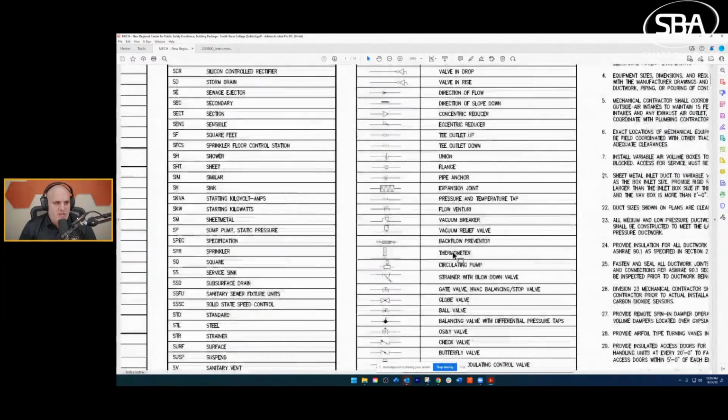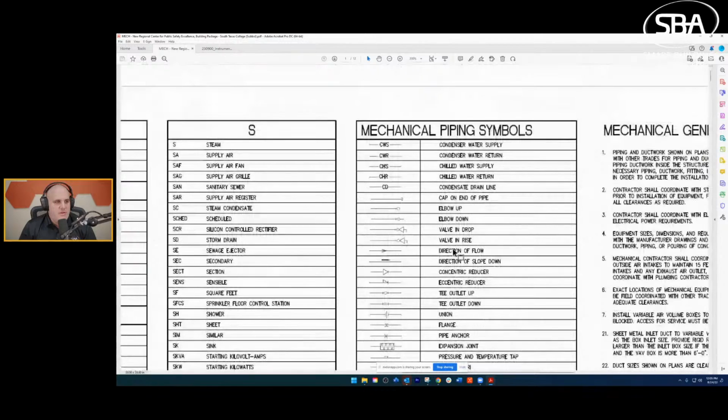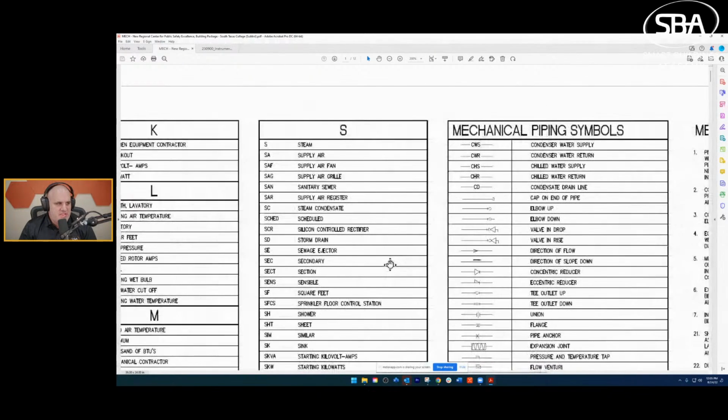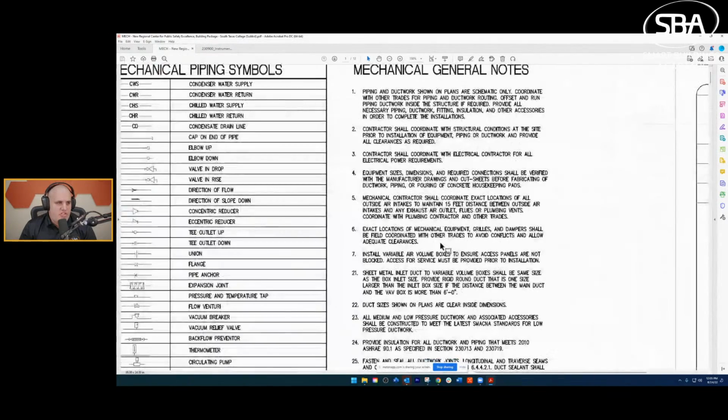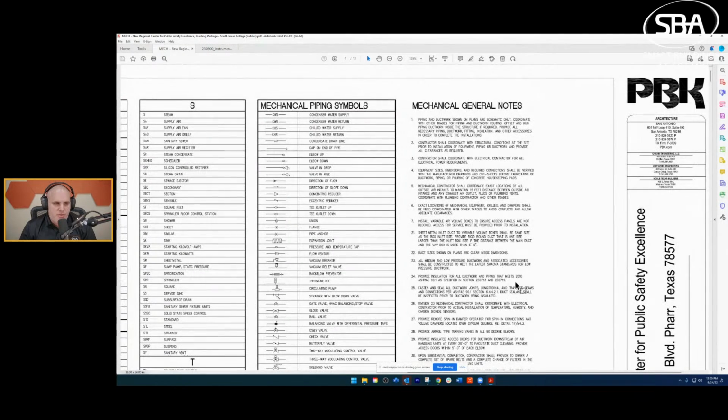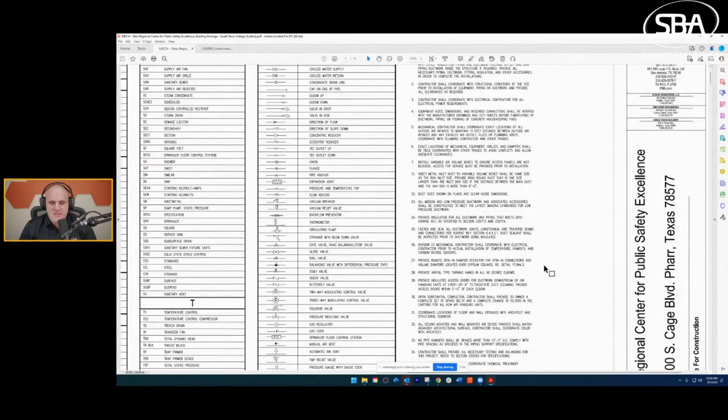We can see them all right here. I know I'm moving pretty quick, but you can see what the symbols mean, and then we can see any abbreviations and what they mean. We'll also have our general notes related to the mechanical systems that we may need to know. I'll come back to that in a second.